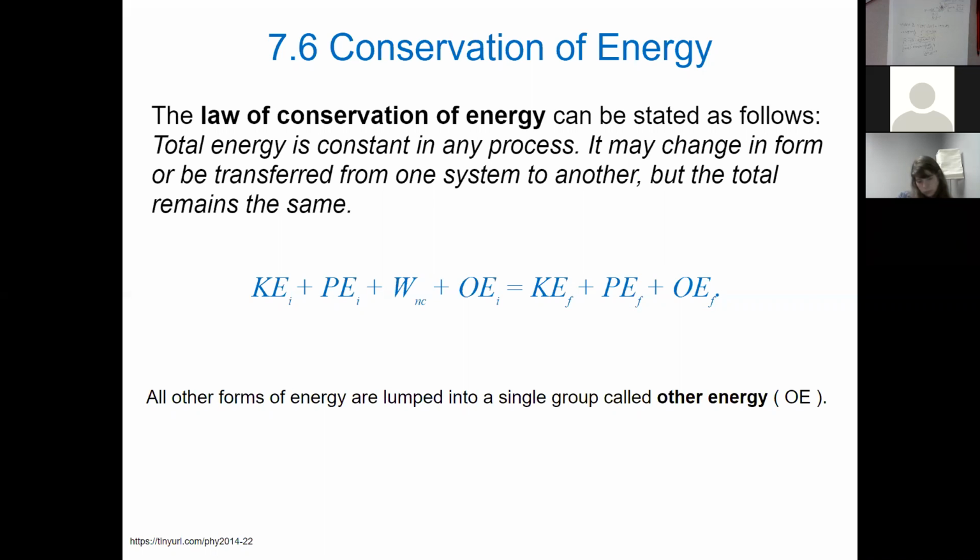Now to put this in other words: energy cannot be created or destroyed. It will simply become a different form. So for example, mechanical energy may turn into thermal energy, or chemical energy may turn into thermal energy, etc. But the total energy of the universe cannot be created or destroyed. So that raises an interesting question about Big Bang theory.